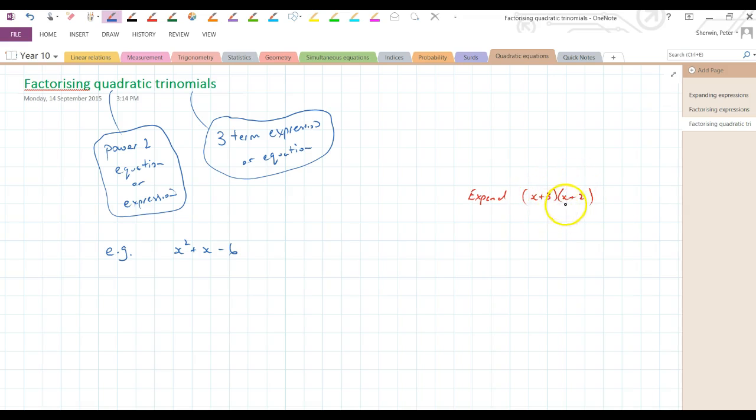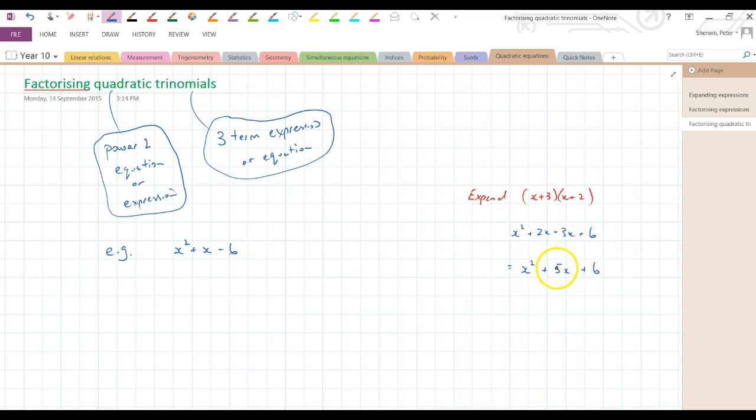So x squared plus 2x plus 3x plus 6. Now expanding this out gets us x squared plus 2x plus 3x, 5x plus 6.